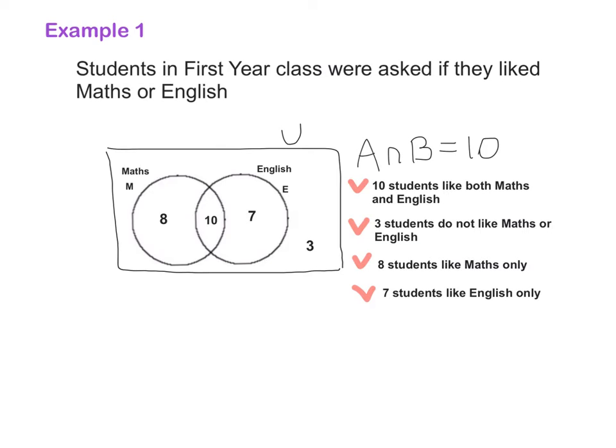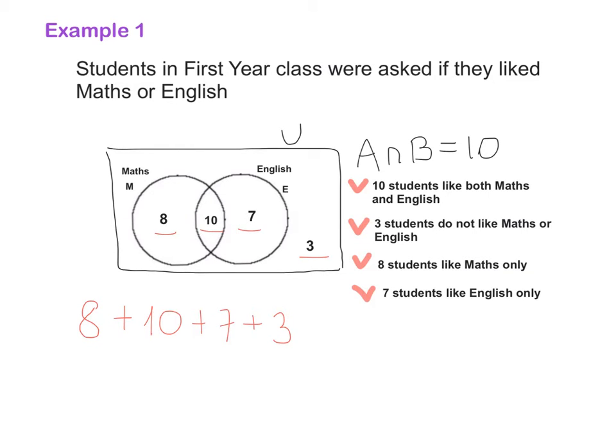Can we ask something else? Do you know how many students are in the class? As you see here, U stands for universe, and U represents the full class, the whole class, all students in first year class. So now we can find out how many students are in the class. 8 plus 10 plus 7 and plus 3.